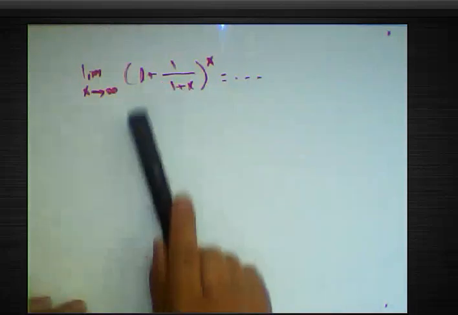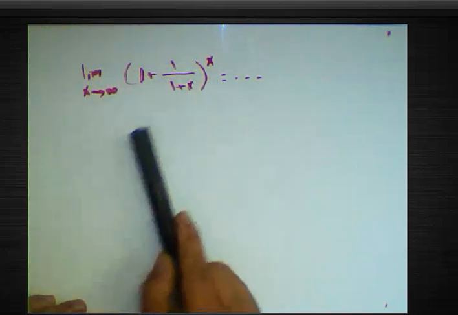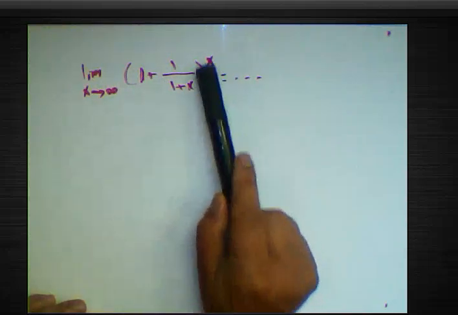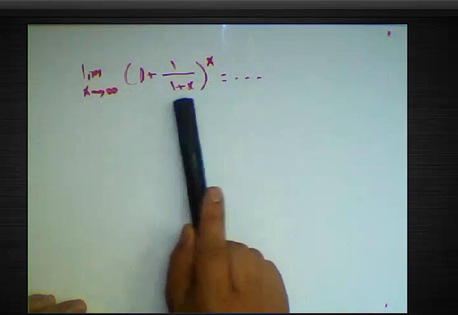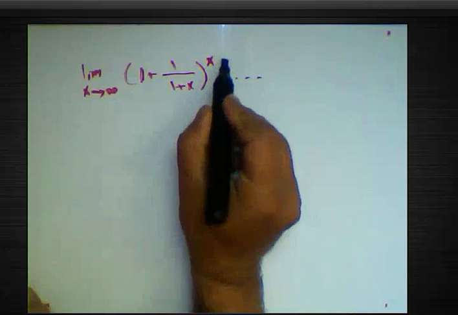Limit for this function (1 + 1/(1+x))^x when x approaches infinity. We must convert this power to match the base in the denominator, so we must add 1 here and subtract 1.